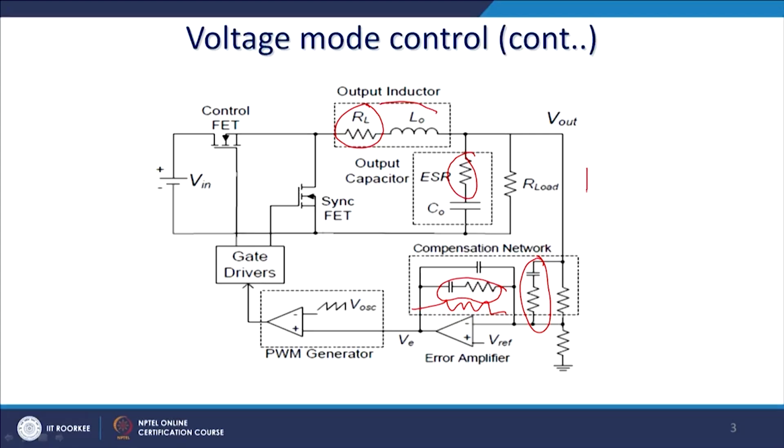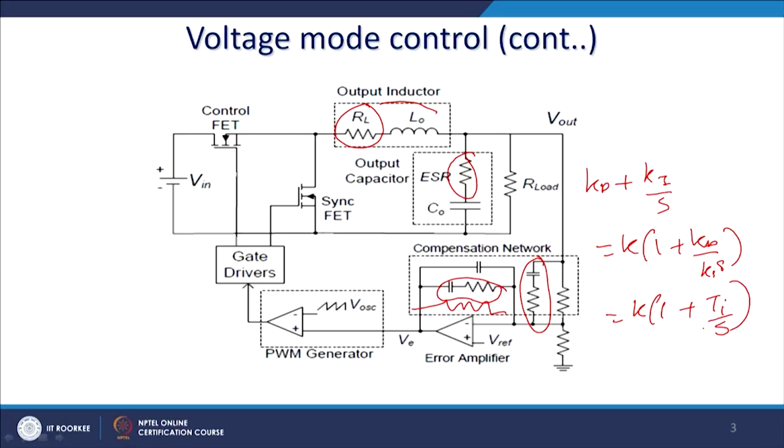You can write Kp plus Ki by S, which can be rewritten as K into (1 plus Kp by Ki into S), and you can write K into 1 by Ti by S. Now this Ti you require to match with the value of the RC network, and you have to choose the op amp with proper bandwidth.